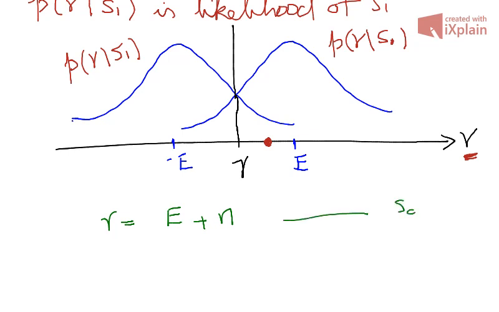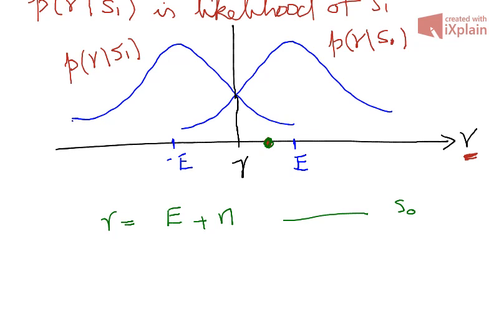Suppose we have received this value of R, which is E plus N. The detector has to decide whether S0 or S1 is transmitted based on these likelihood functions. The likelihood functions are available because we know the noise is zero mean Gaussian, and we can plot the conditional PDF, or the likelihood function, for S0 and S1.